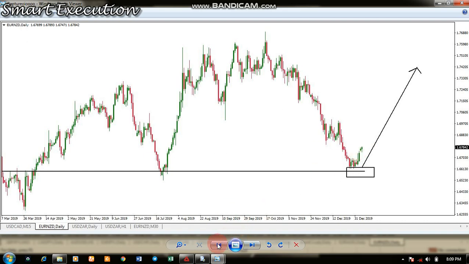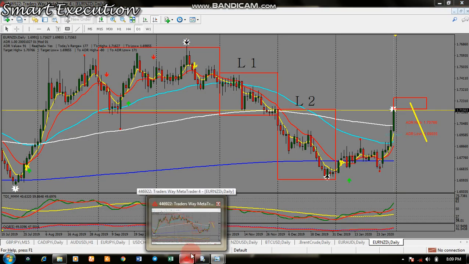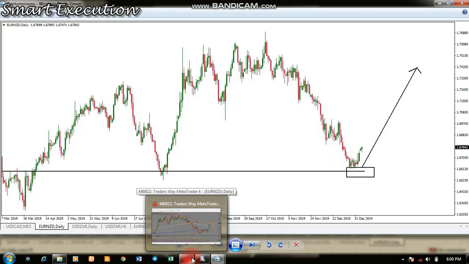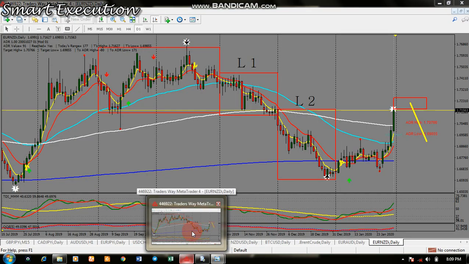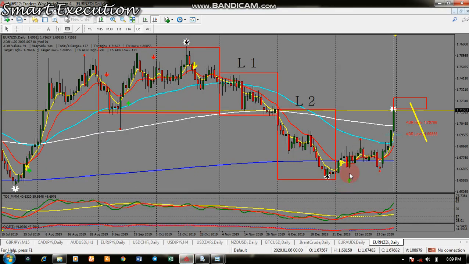I can't find the other picture, the other screenshot, but here it is now. As you can see, this was a nice W on the daily chart. So now it went up.